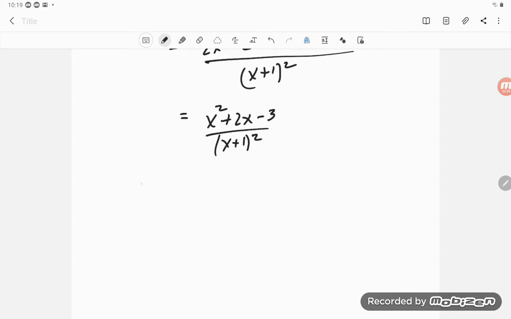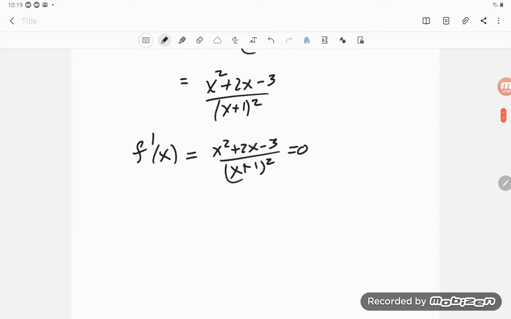So let's set it equal to 0 first. f prime of x equals (x squared plus 2x minus 3) over (x plus 1) squared equals 0. Well, again, I just multiply everything by the denominator and that goes away.